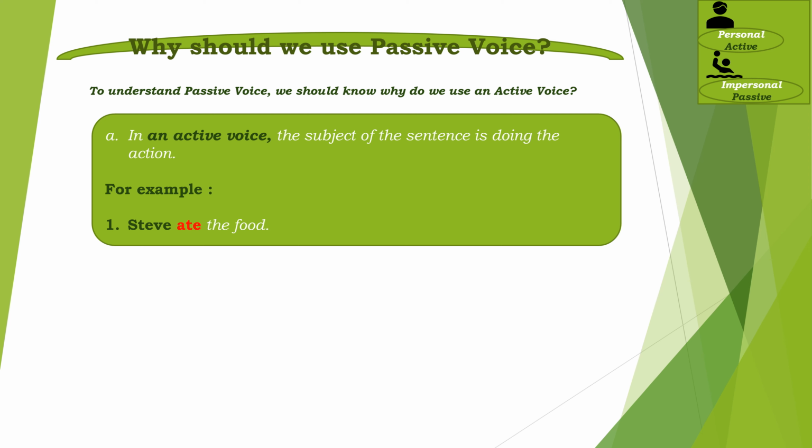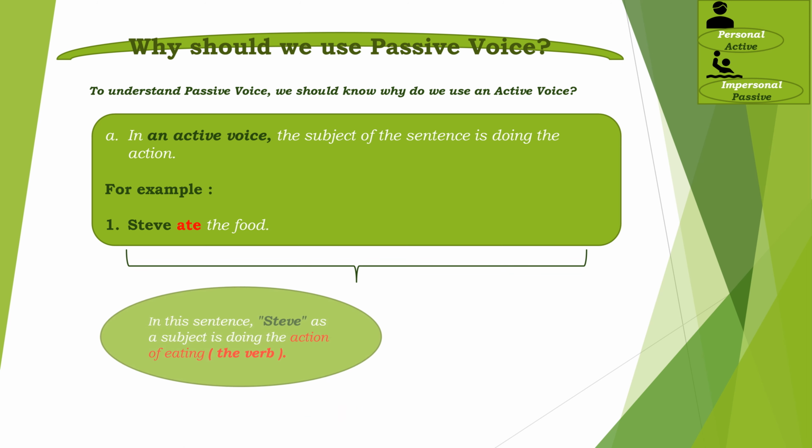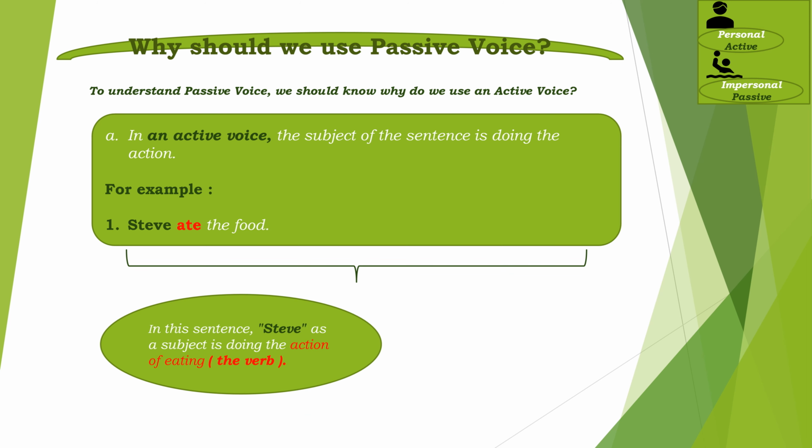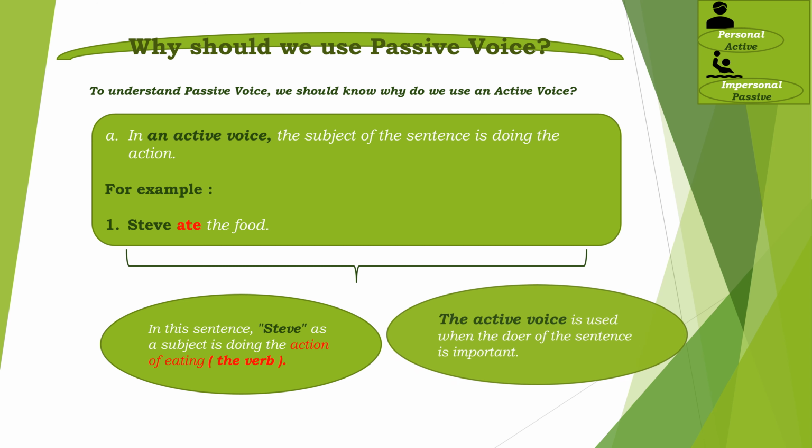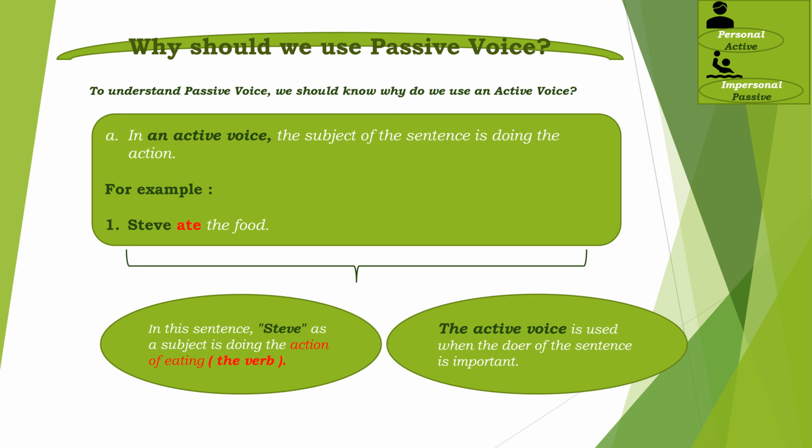Steve is the subject of this sentence. And Steve, as a subject, is doing an action. What action is he doing? He is doing an action of eating. Thus, we can say the active voice is used when the doer of the sentence is important and when the doer of the sentence is doing that important action.